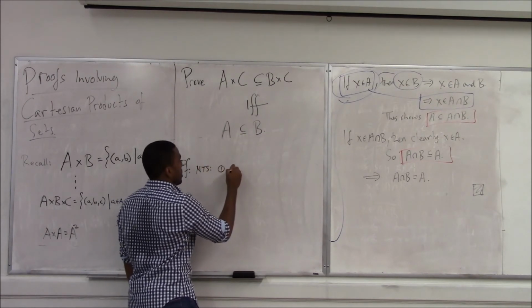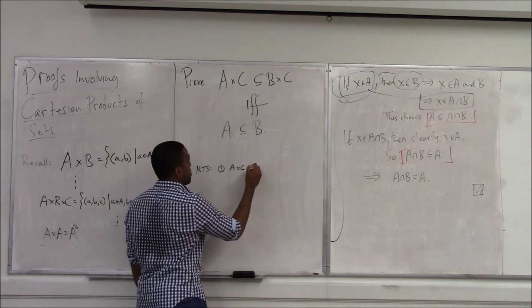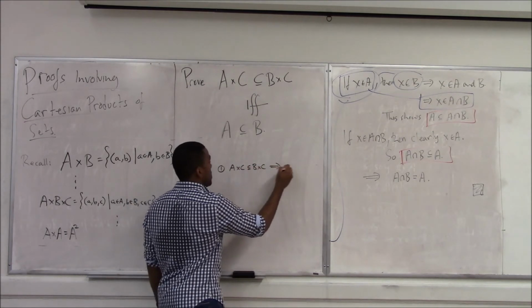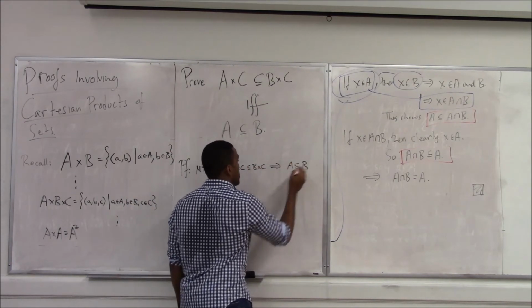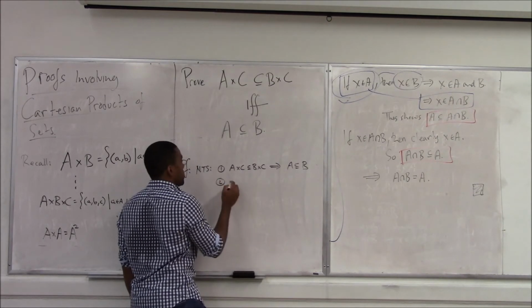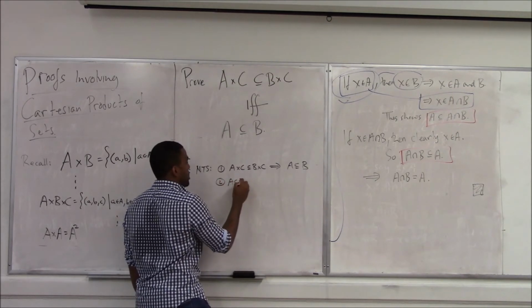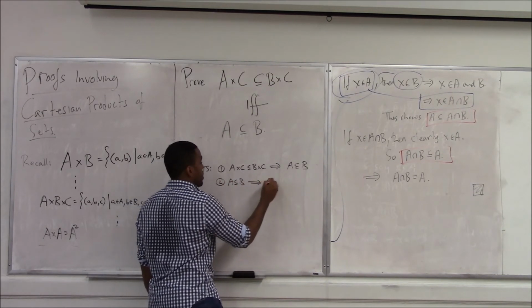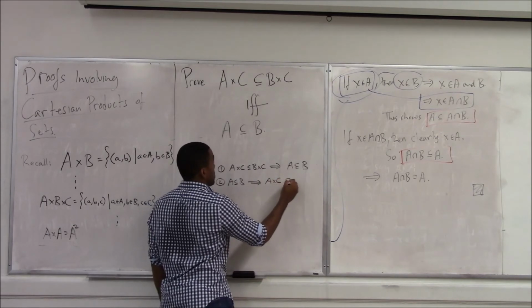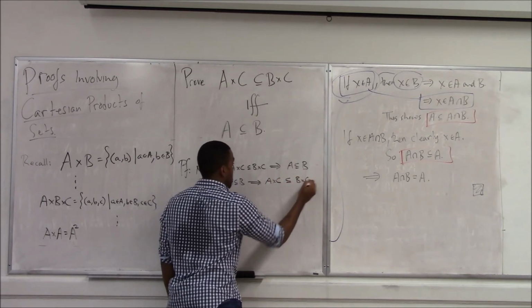One, if A cross C is a subset of B cross C, then it means that A must be a subset of B. And two, if A is a subset of B, then it means that A cross C is a subset of B cross C.